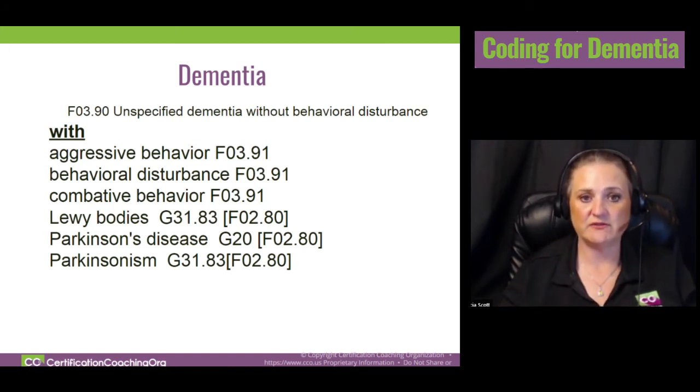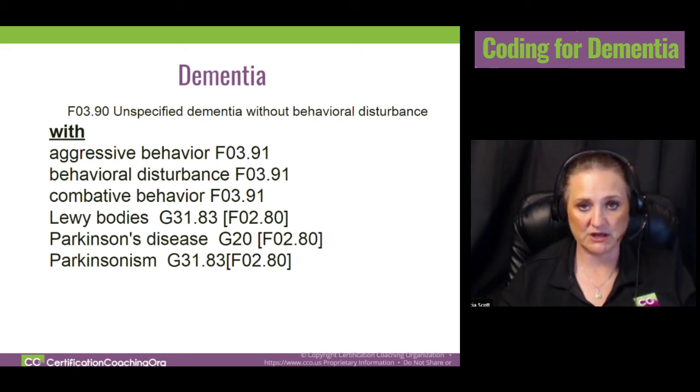So if we have aggressive behavior, behavioral disturbance, or combative behavior, then you're going to be using the dementia code F03.91, not F03.90. Don't put those in there if they don't give it to you.